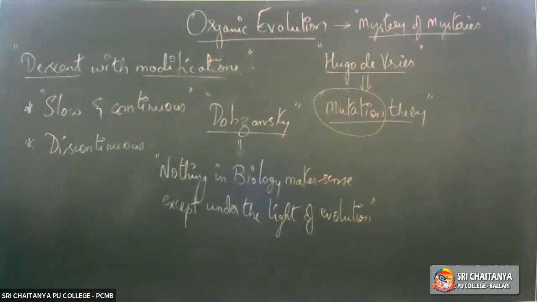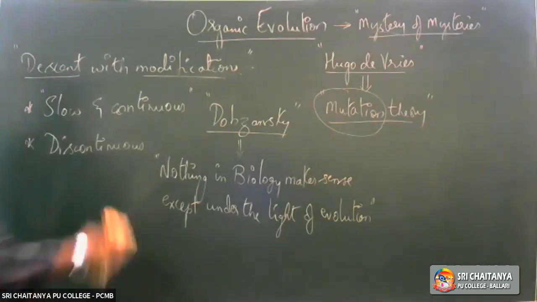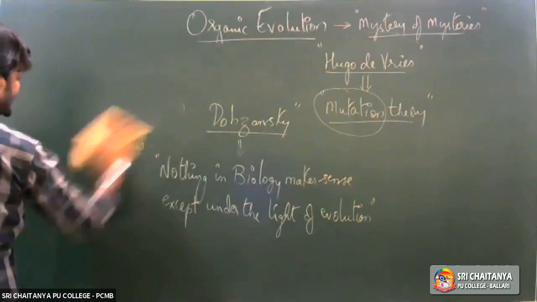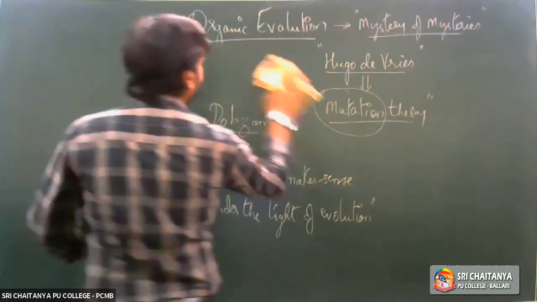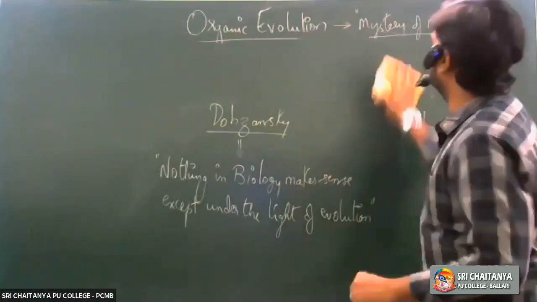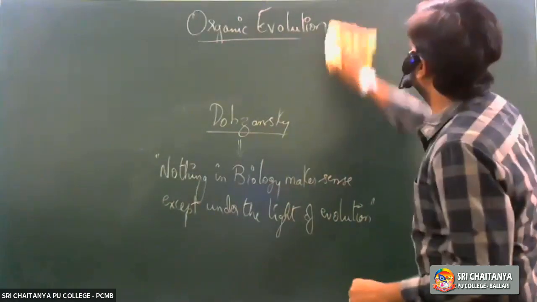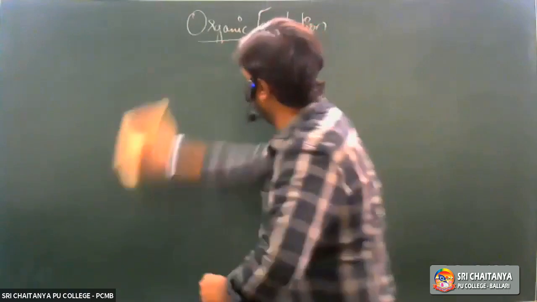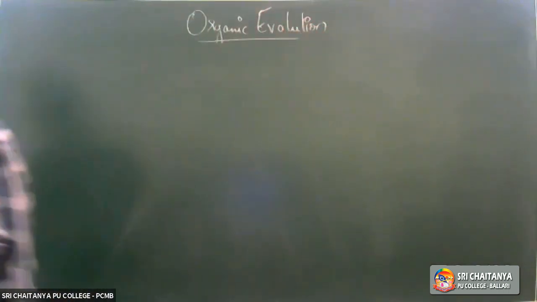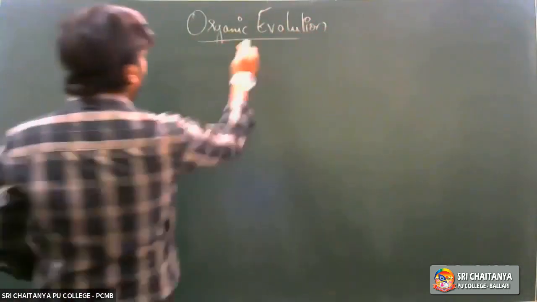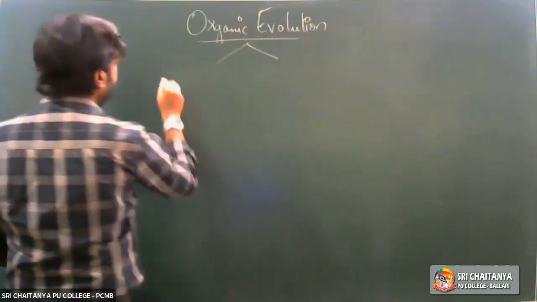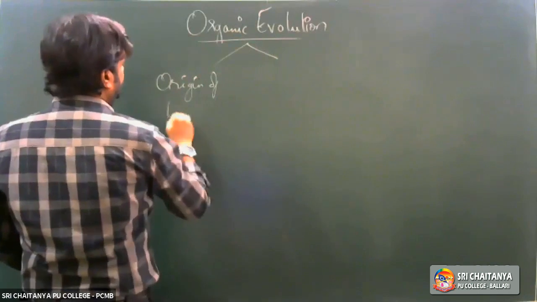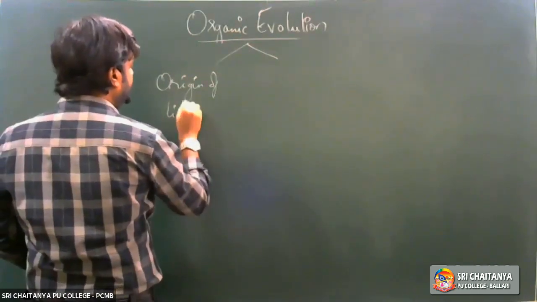Now let's get into the topic of organic evolution. We'll be studying evolution under two different heads, or rather we can divide evolution into two different parts. The first part we'll be studying is origin of life on the planet Earth.